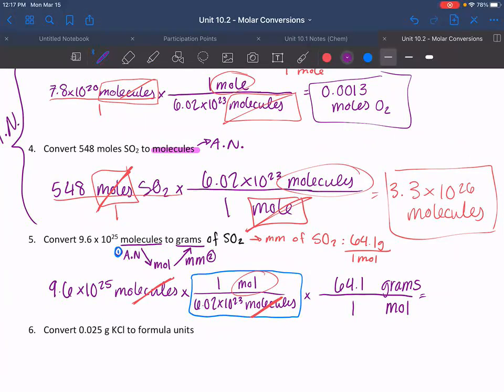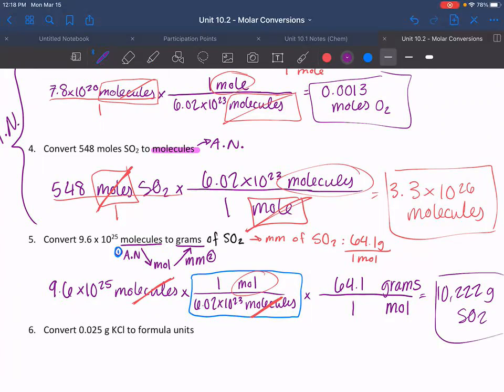One thing I will say, one of the hardest parts about these problems is making sure you type them into your calculators correctly. My biggest hint for you is when you're typing in scientific notation to put parentheses around the whole term. I'll show you what I mean here in a second. So I got 10,222 grams of SO2.